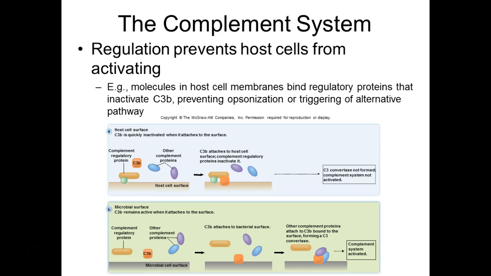Tricky little guys. It's like walking into the hospital, putting a lab coat on, and walking right through into the operating room, right? They think you're a doctor. You put our complement regulatory proteins on your surface, and our system's going to be like, well, you're supposed to be here, right? No, they're hiding.